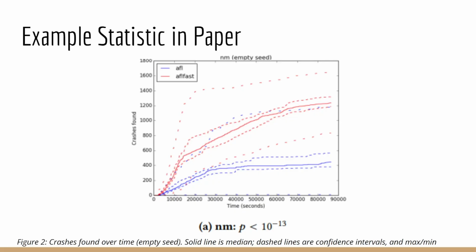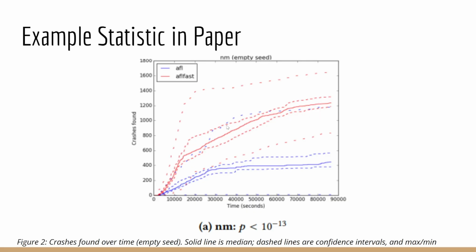Here's an example statistic to show why doing a statistical test is important. You can see blue is AFL, red is AFL fast, and the solid line is the median. If you look here, this blue dotted line is just one of the runs of AFL.